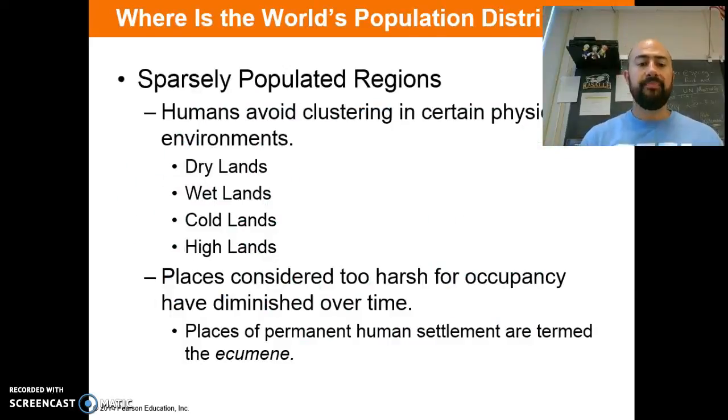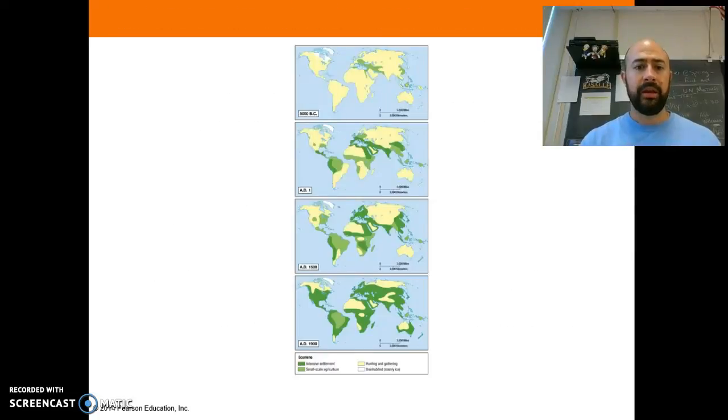Places where we find permanent human settlement are called ecumene. They're places that we live permanently and have lived permanently for a while. This map shows how that has changed over time. In 5000 BC, this is where people lived, and here we are at about 1900. Now, why has that occurred?